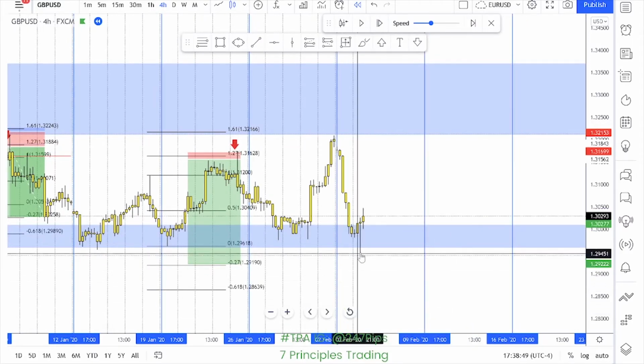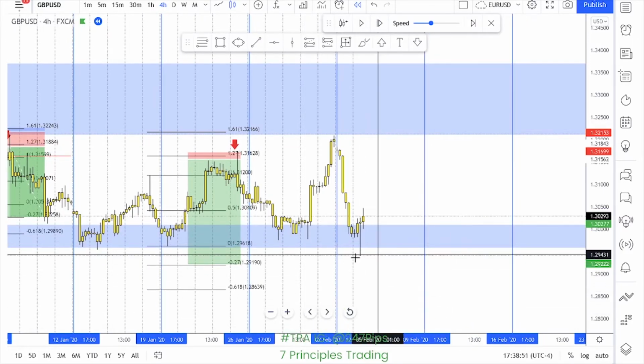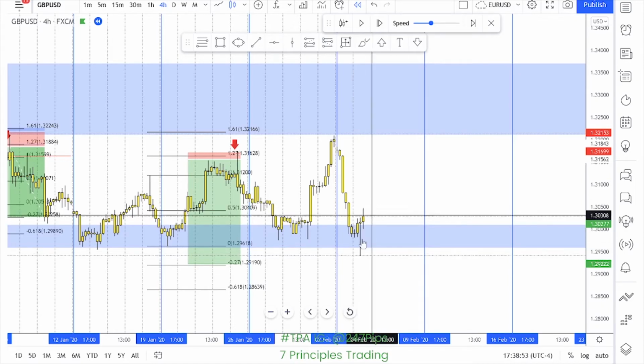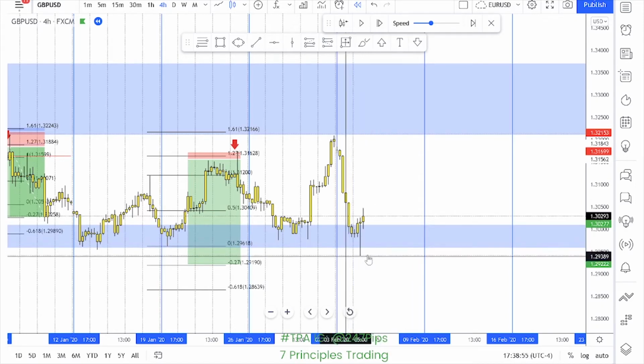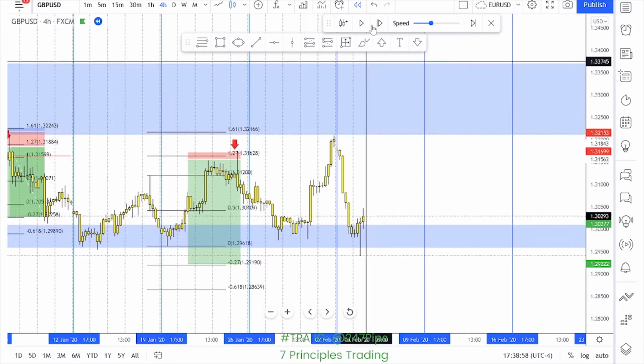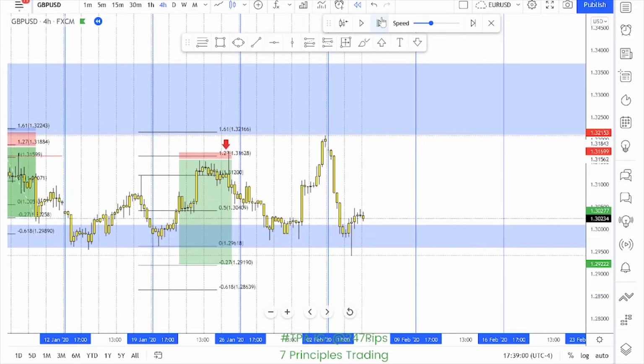Okay, so we had a push to the downside, showing some liquidity on the buyer side actually getting in. The big players are actually buying. Let's see how it goes.